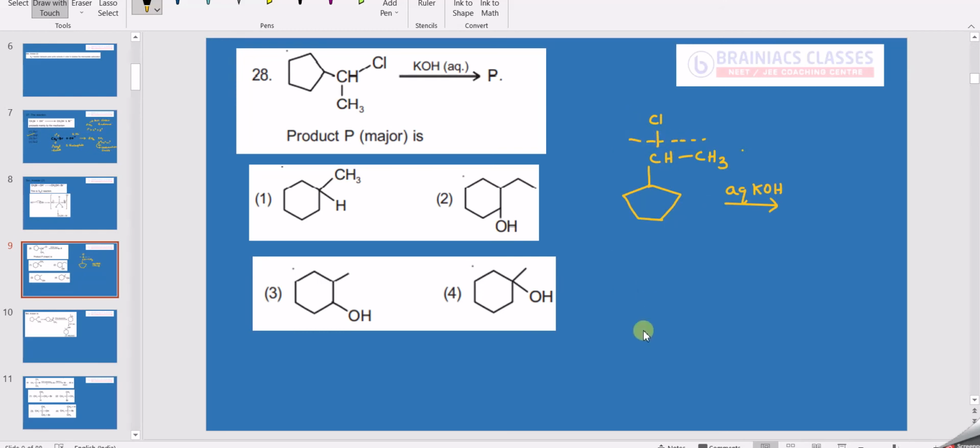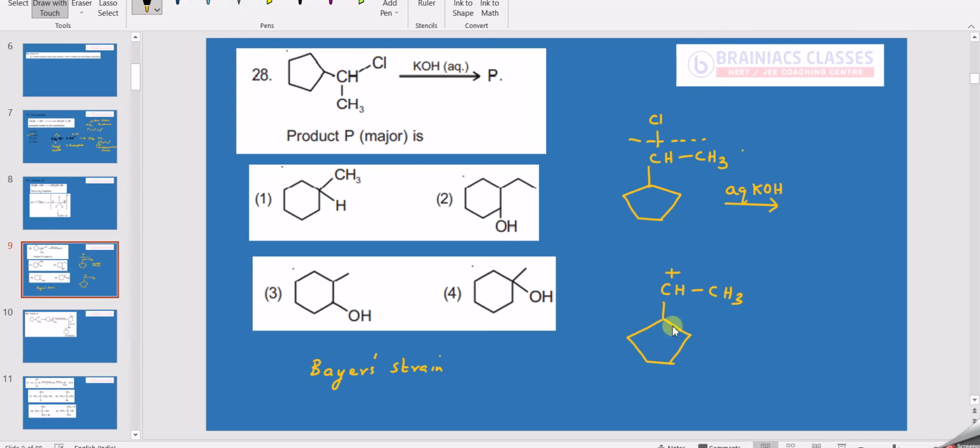So you will get a compound like this, with CH plus and CH3. Now this is a carbocation, but whenever a ring-like structure is there, we should remember Baeyer's strain theory. Baeyer's strain theory states that the strain will always be very less in a higher membered ring.